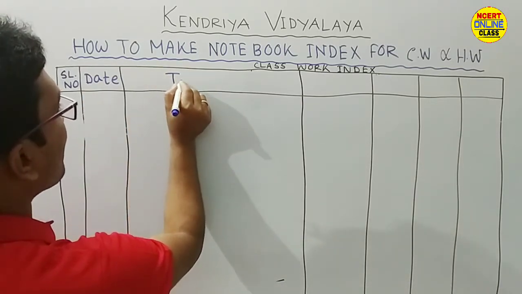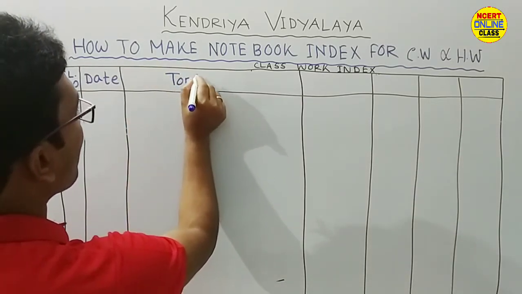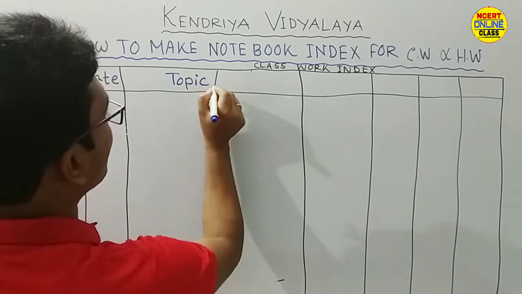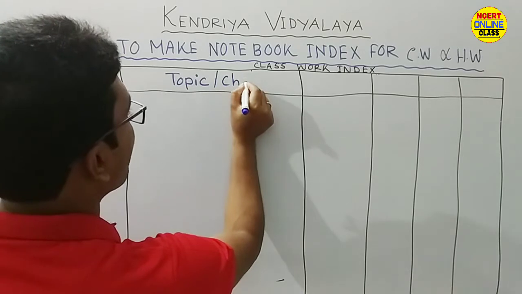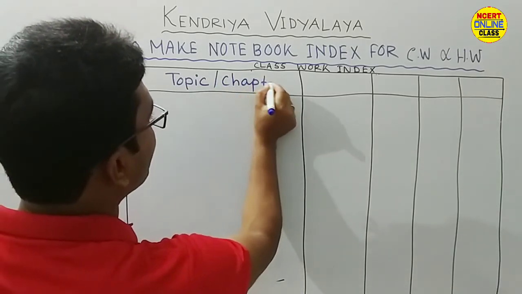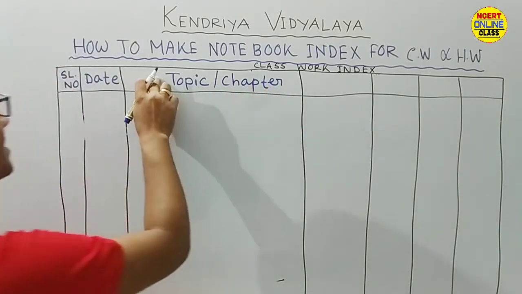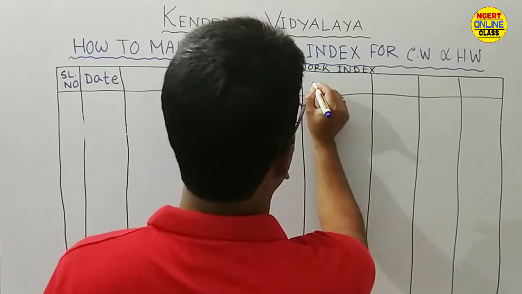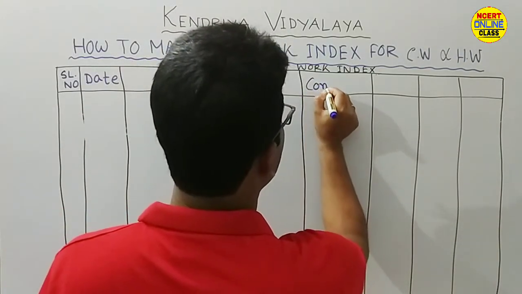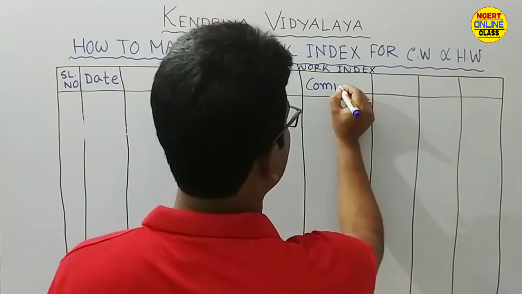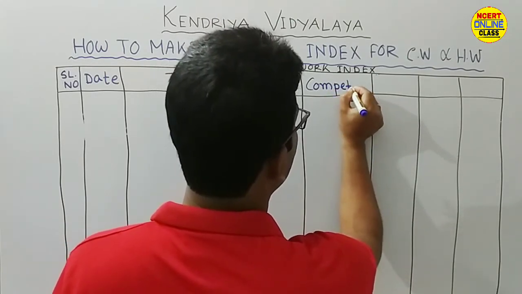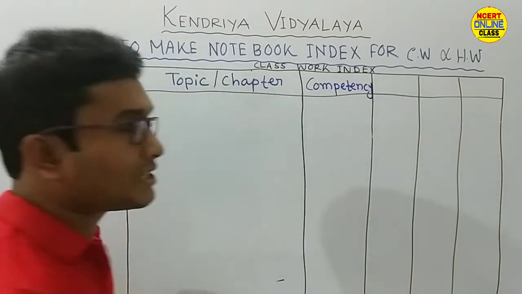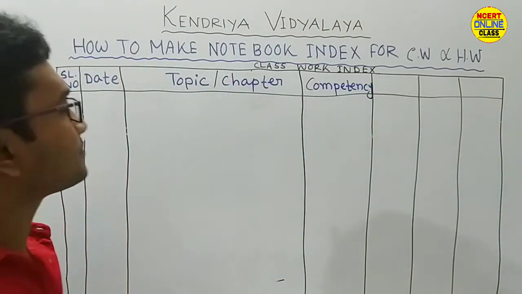Then topic, or in a different school you can also write chapter, but topic is main. Then competency, which competency is related to that day's class, like writing, grammar, spelling, you need to fill up here.